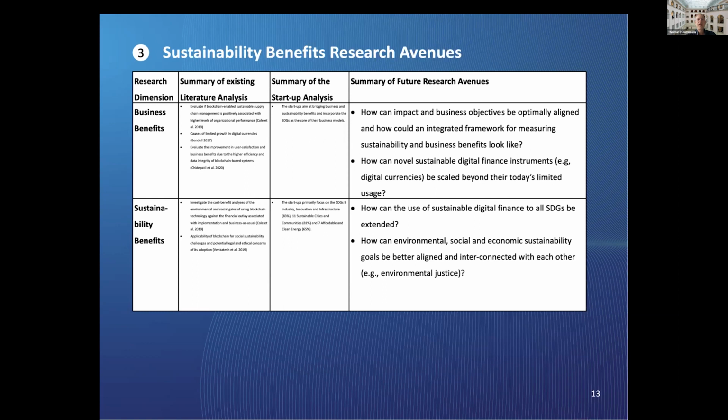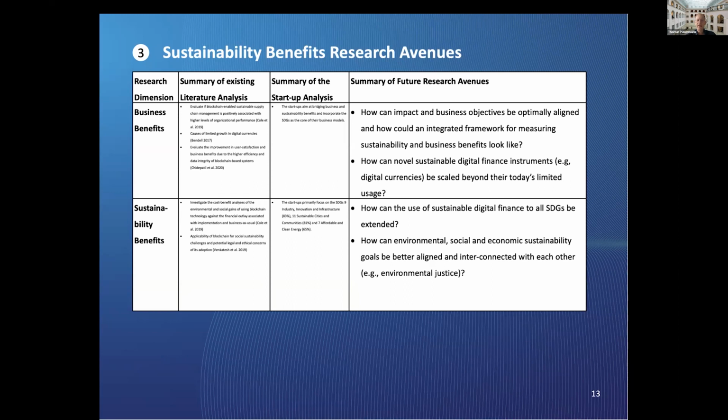Last but not least, the benefit side, which we distinguished here in business benefits and sustainability benefits. I think there is a big trend to align both of them. Sustainability benefits alone will not be the one thing, and the business benefits, we could see, will also not be standing alone anymore.